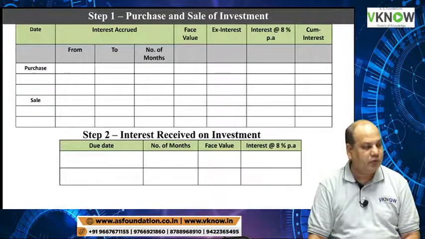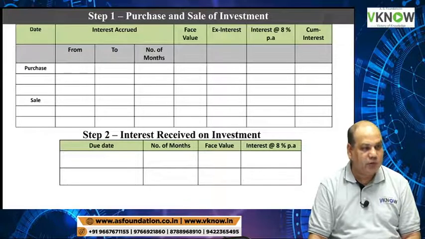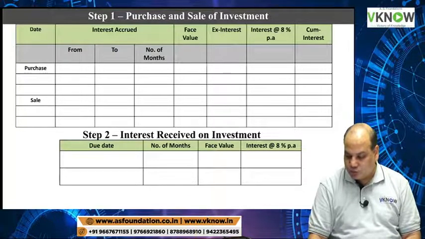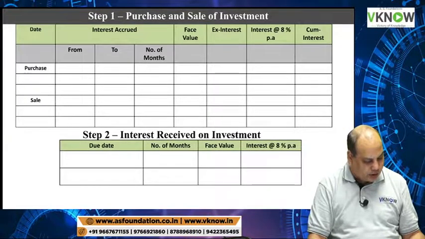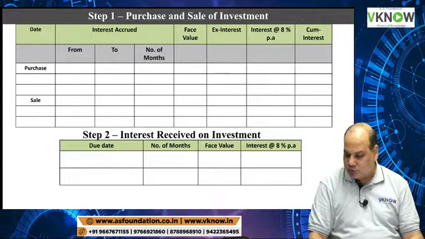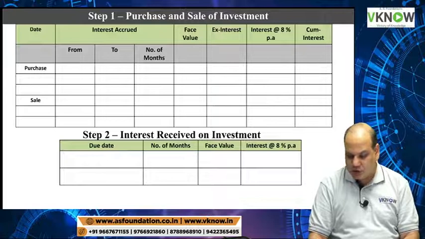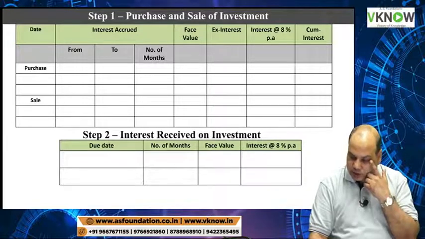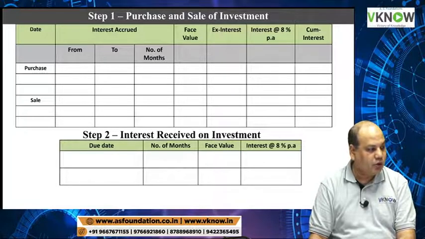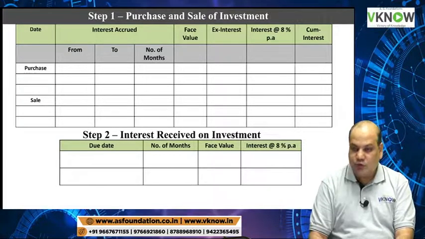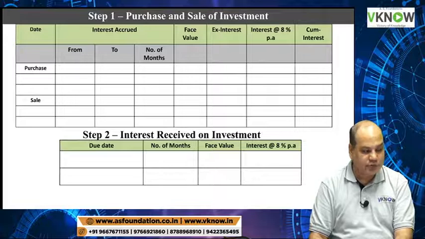purchase and sale of investment. Format is same. I am not changing the format so that the student can understand better. First you write down purchase and sale of investment, format, date, interest accrued, 3 columns, from to number of months.